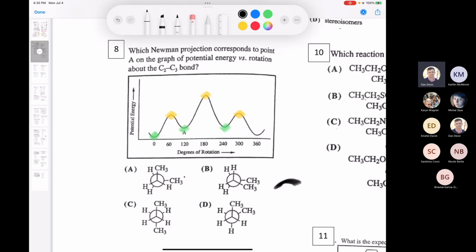Staggered would be something like this, where you have all the bonds as far away from each other as possible, like that. Okay, staggered. Whereas the maxima would be eclipsed. So that's when everything is eclipsing everything else. So kind of like this, like that, where they're blocking each other. Does that make sense? Eclipsed, like that.